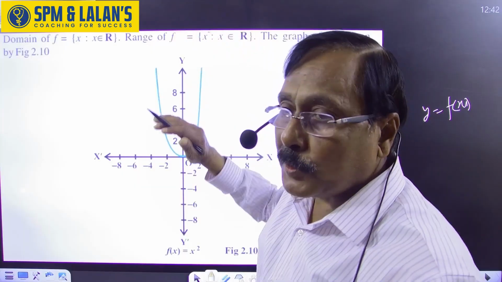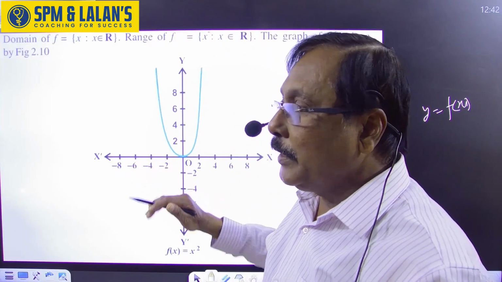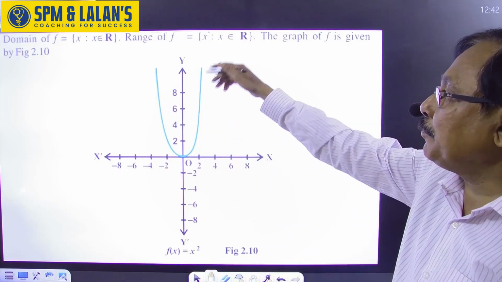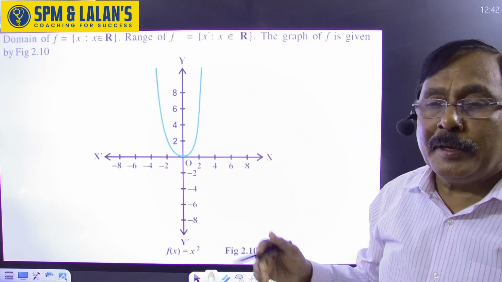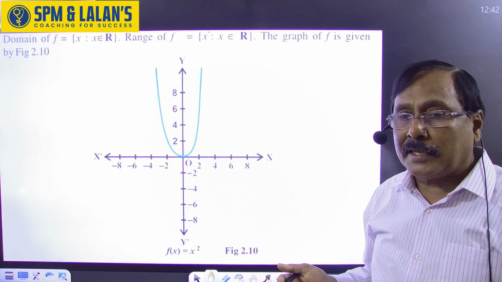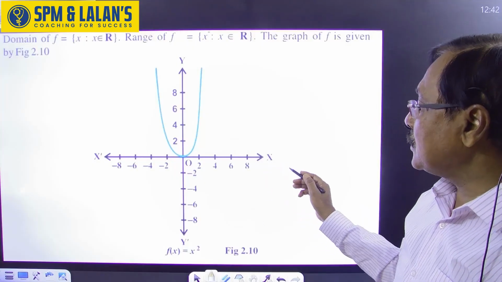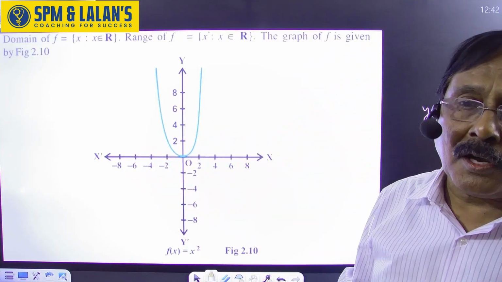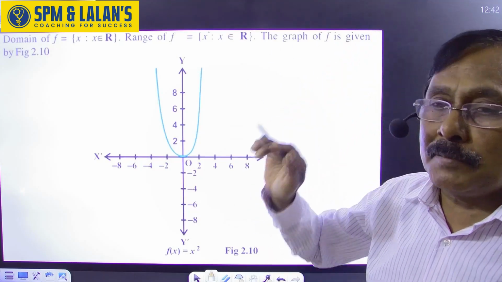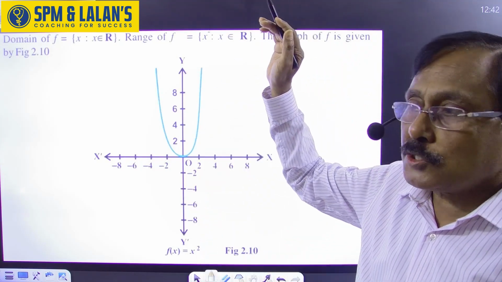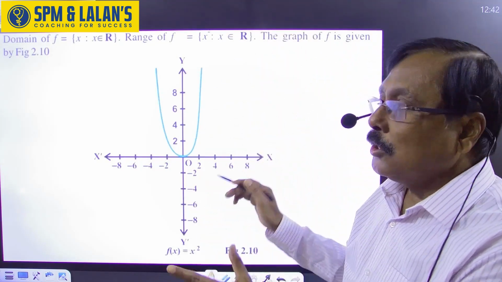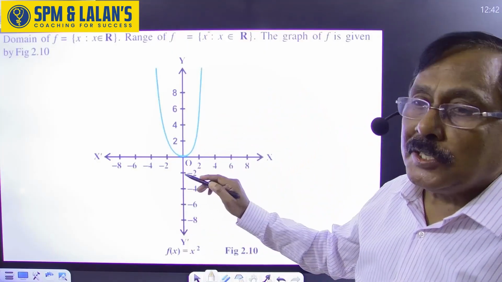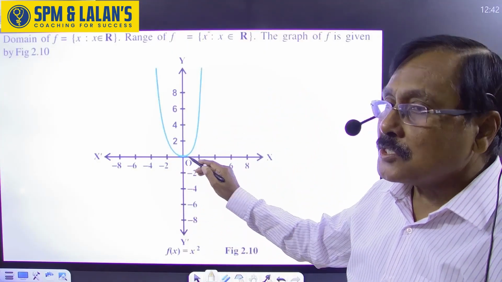Y is always positive in this sense. It means whatsoever value you put in x, you get a positive value of y. What do you mean by these things? It is very simple: the domain of this function is every real number, whether positive or negative, but the range of this function is always positive. So the range of this function is all positive values including 0.